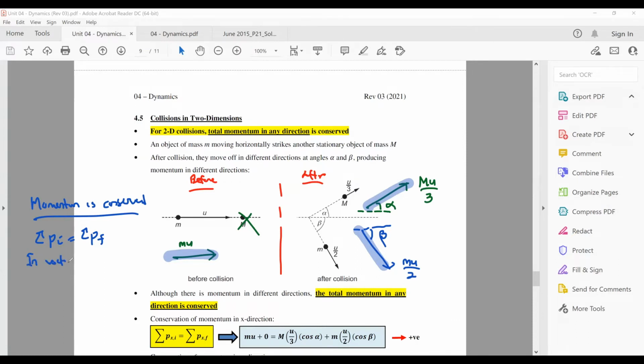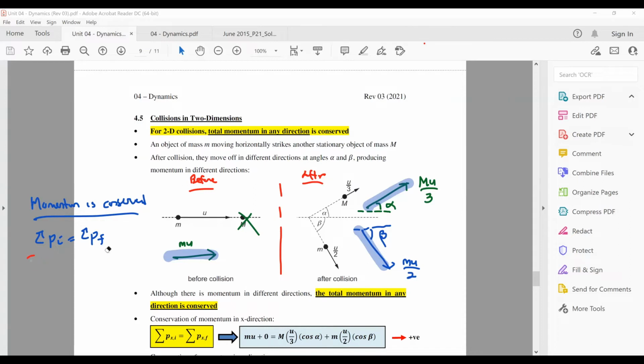In vector form, this is the part where it gets a bit difficult to explain. Our initial momentum is equal to the sum of final momentum.